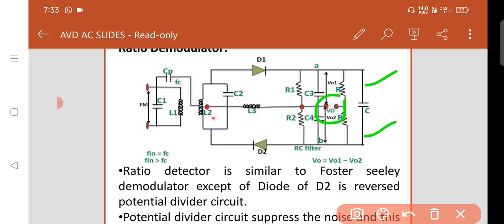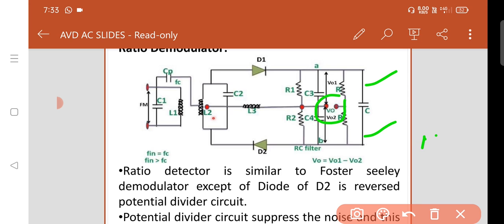There is no such concept in the Foster-Seeley, but here the output is taken across, after the tuning circuits, over the upper tuning circuit and the lower tuning circuit.